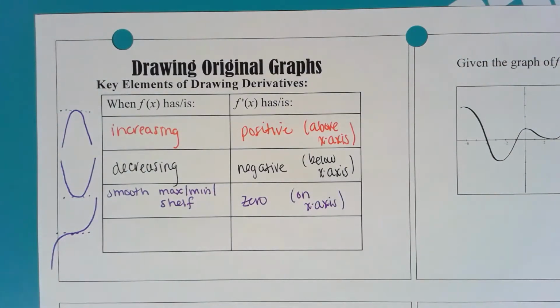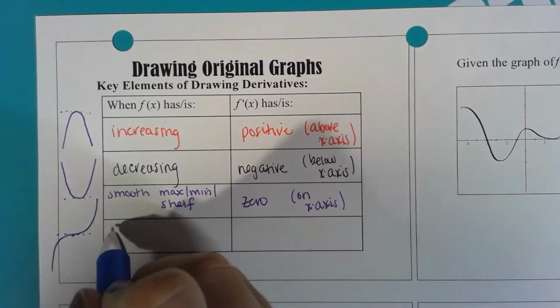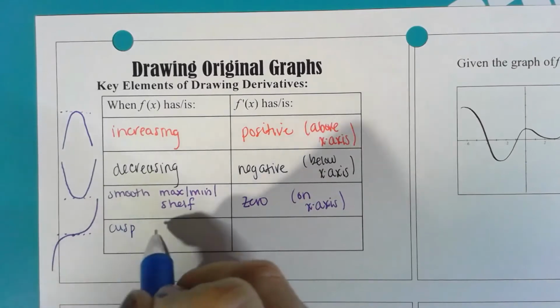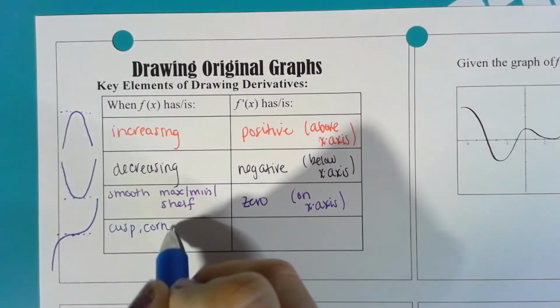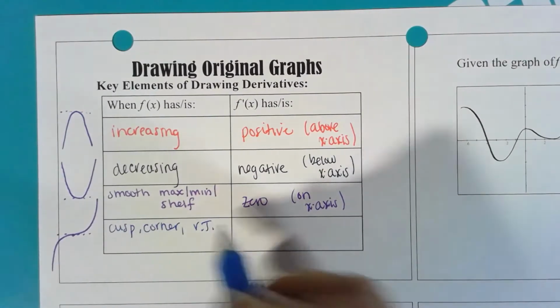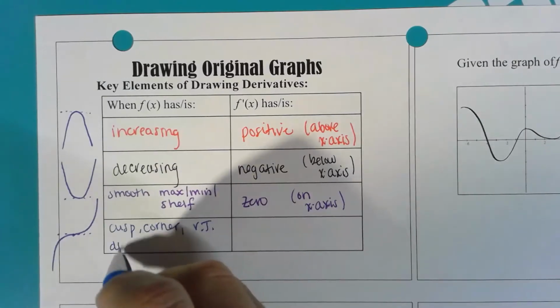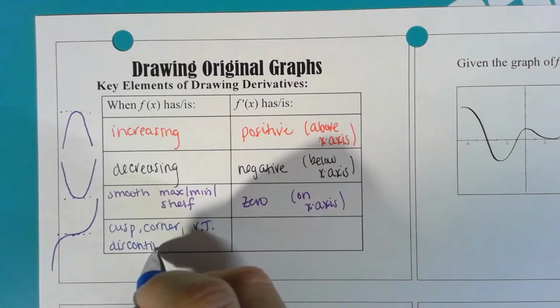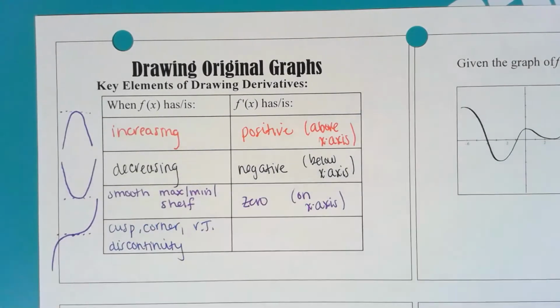So a graph can either be increasing, decreasing, or stationary, meaning it's neither decreasing nor increasing, or it could have a cusp, a corner, a vertical tangent, or any sort of discontinuity.